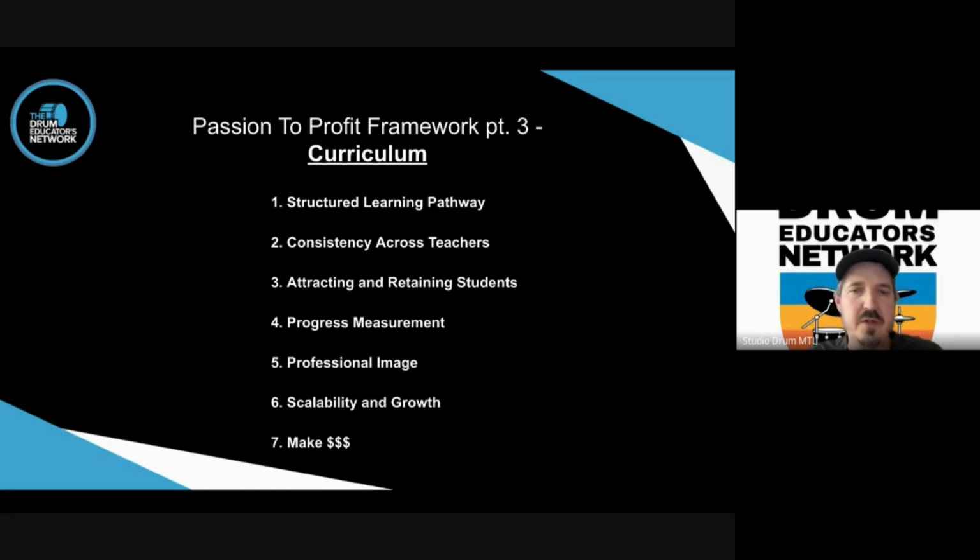And then if you have other teachers, it creates consistency across teachers. Because we have 11, 12 teachers, they use the curriculum, but we're not super rigid about it. It's there and they use it, so there's a structure and a consistency across the teachers. And it helps with scaling.